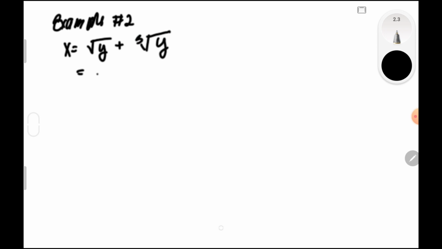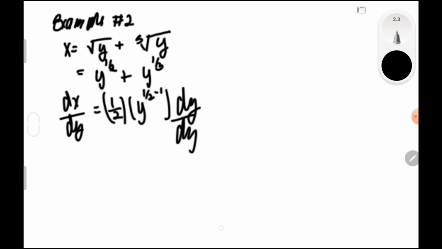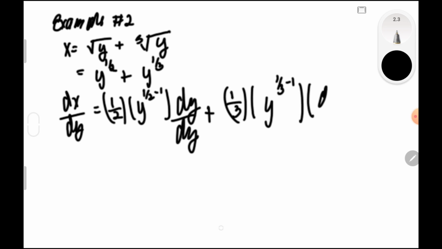So we have y raised to 1/2 plus y raised to 1/3. When we take dx over dy, we will have 1/2 multiplied by y raised to 1/2 minus 1 dy over dy, plus 1/3 multiplied by y raised to 1/3 minus 1 multiplied by dy over dy.